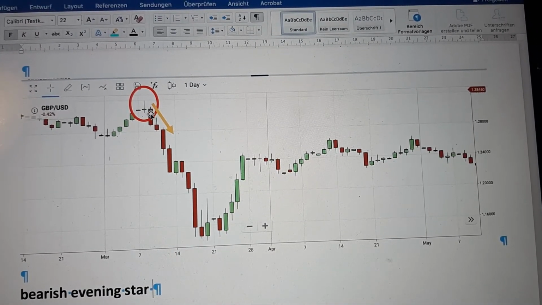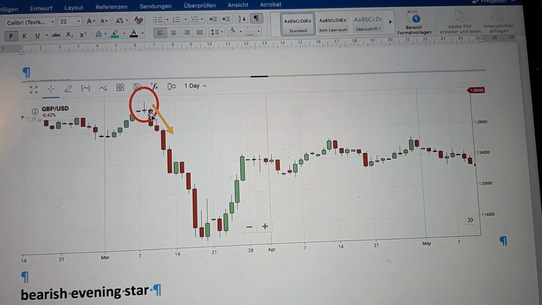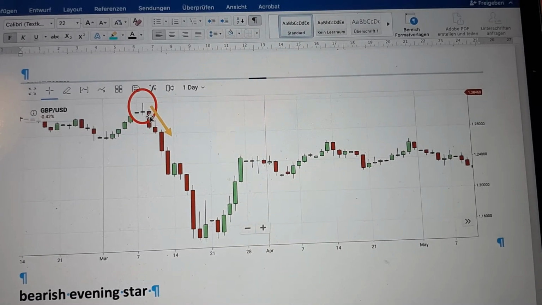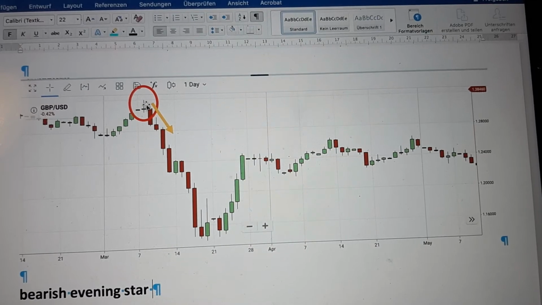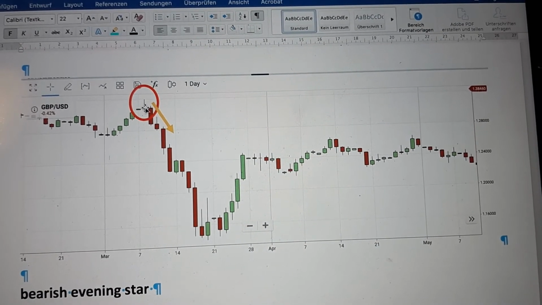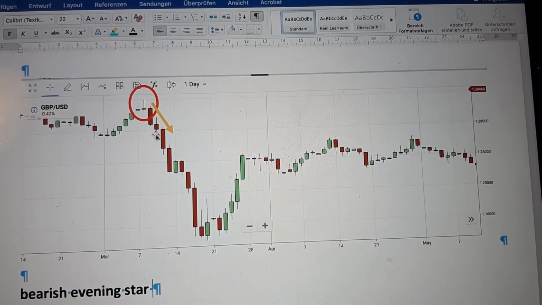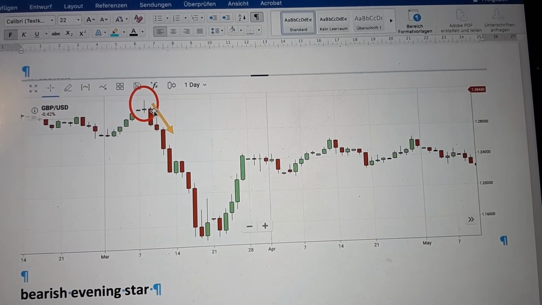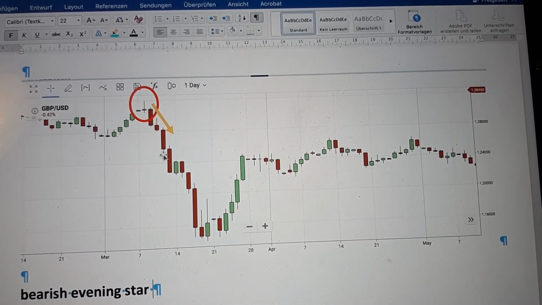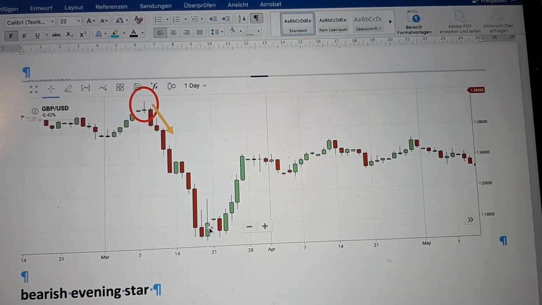And a gap down completes the pattern, because this predicts now the beginning of a decline. Sometimes this pattern, the bearish evening star, can trigger a broader scale downtrend. And this was actually the case here. For many, many days, you had a clear downtrend.